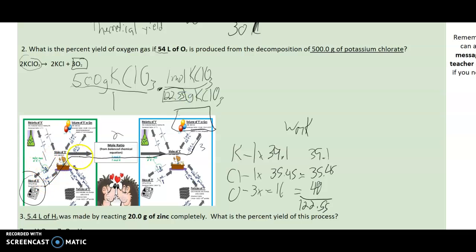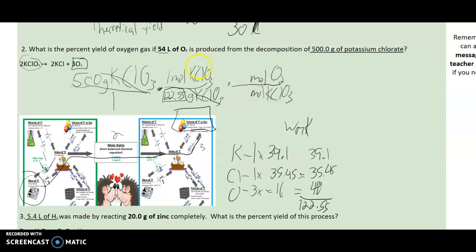Now I'm here, so I'm in moles. Double check, make sure that it looks good. Let's cancel. Yep, I'm in moles. So it's telling me here to put the moles of the thing I'm looking for, which is theoretical O2, right? We already know the actual. And the moles are the things I started with, KClO3.